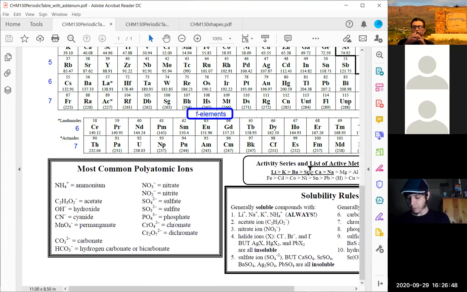This table lists some of the most common polyatomic ions. Now, what these are are compounds that come together as a unit. And overall, they have a charge, either an anion or a cation. There's only one cation that we actually do a lot of work with, and that one's the one on the left-hand side.